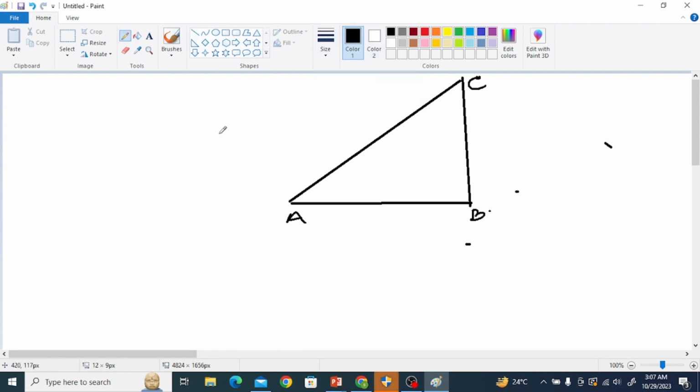So you can see that the line from point A to C actually gives the displacement of the total journey.